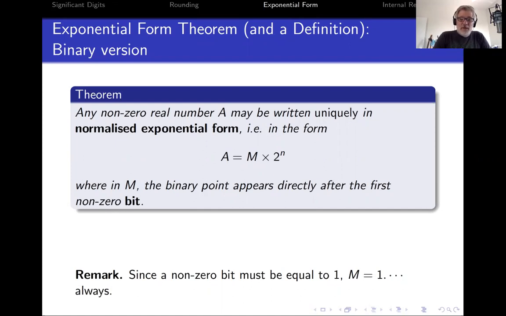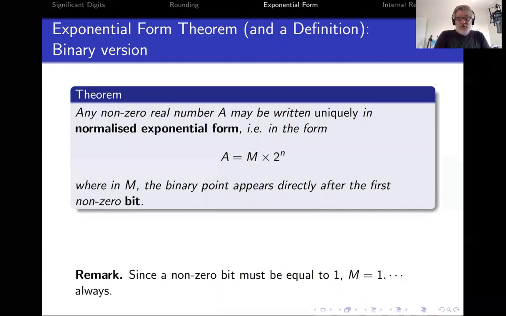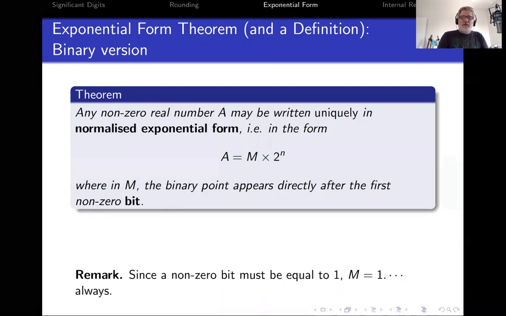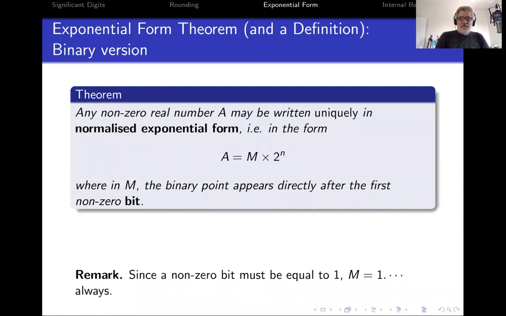Normalized exponential form, binary. You can write any real number a, which is non-zero, as m times 2 to the power n. In m, the binary point appears directly after the first non-zero bit. So it's the same principle as in decimal. The advantage here is that there's only one non-zero possibility, which is 1.